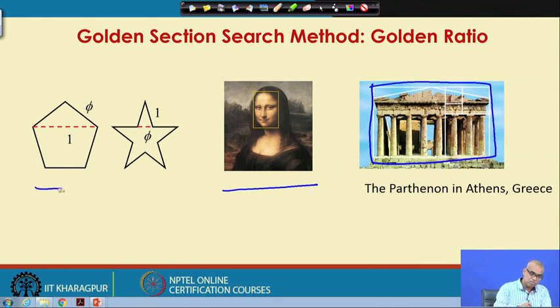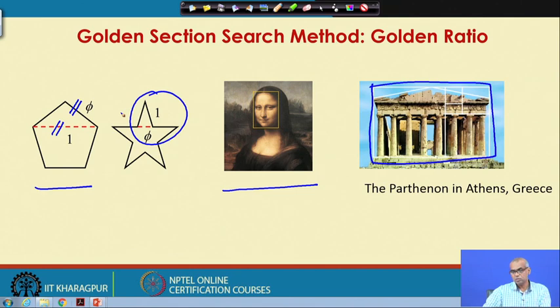This is a regular pentagon. This length by this length will also be in golden ratio. Same here. It will be in the golden ratio.